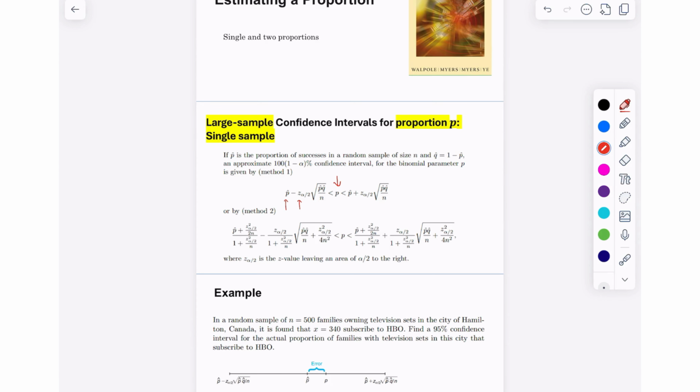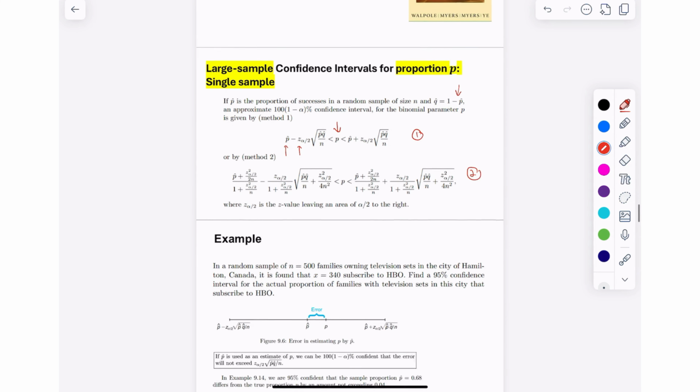So we have P hat, Q hat, where Q hat is 1 minus P hat. In this case, we have two methods for the confidence interval. This is the first one and this is the second one. The second one is a bit complicated and tedious to calculate, so I prefer to use the first one, but you can try both.